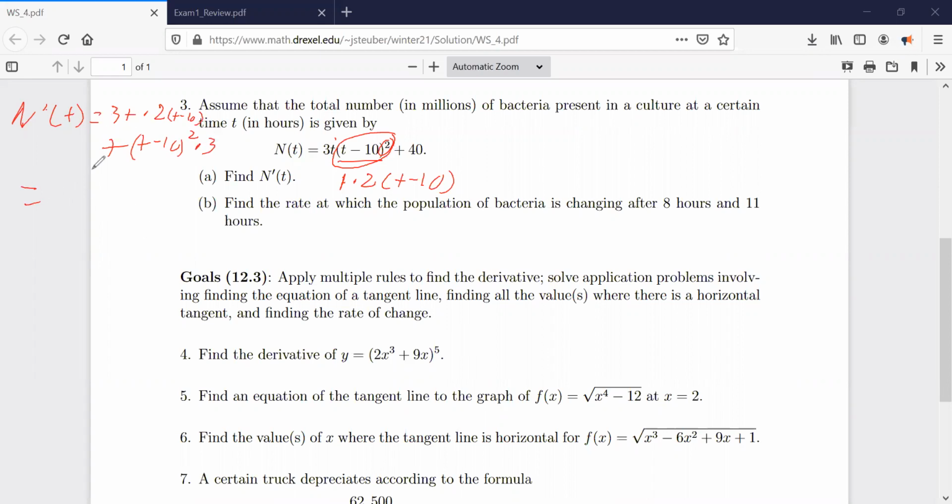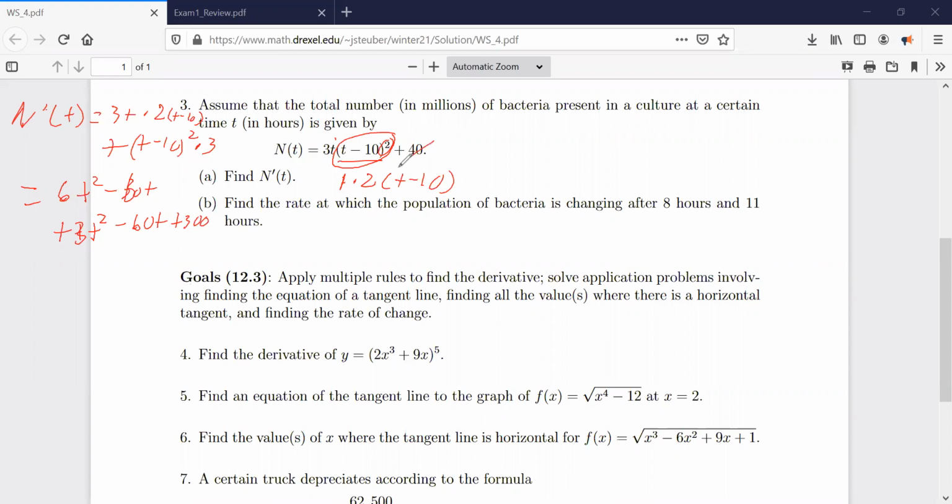So if I simplify this guy, that becomes 6t squared minus 60t plus this becomes 3t squared minus 60t plus 300, right?